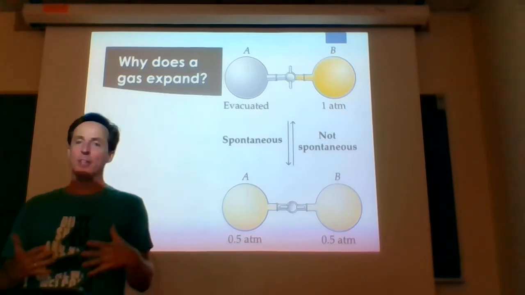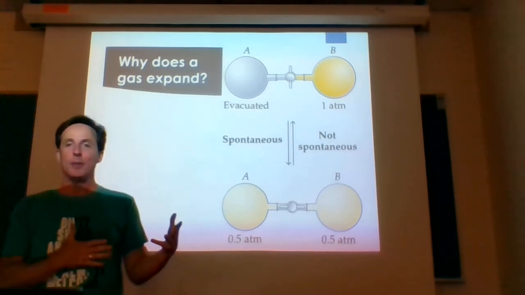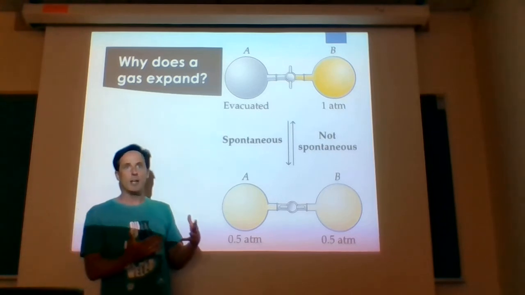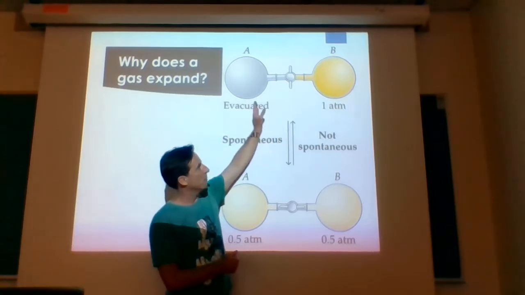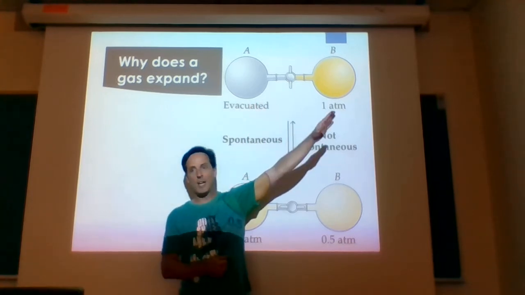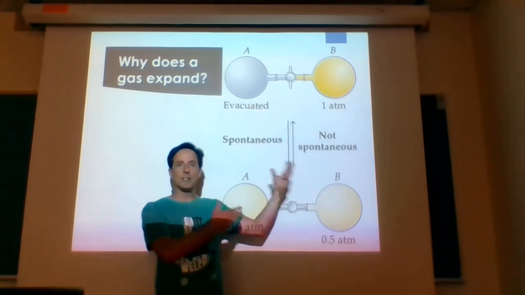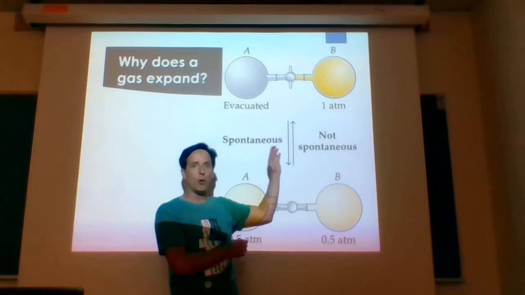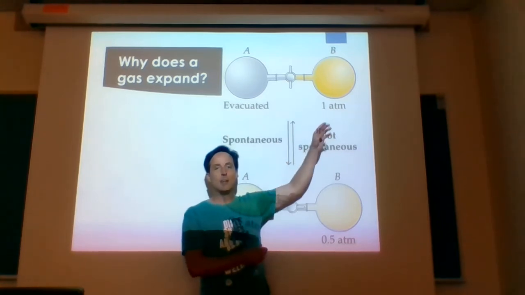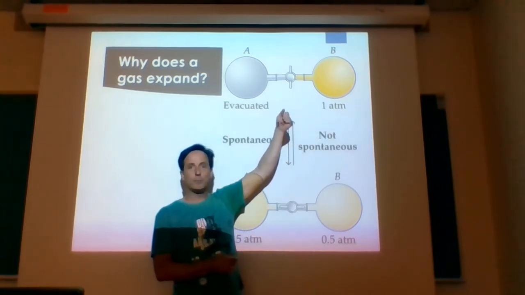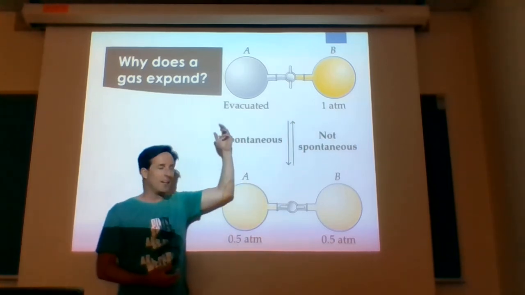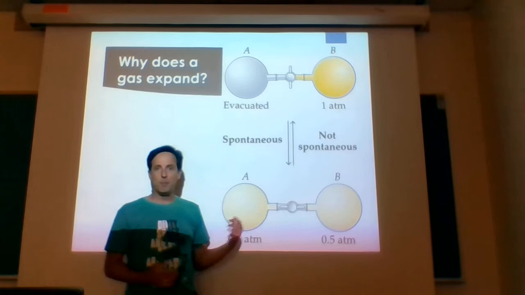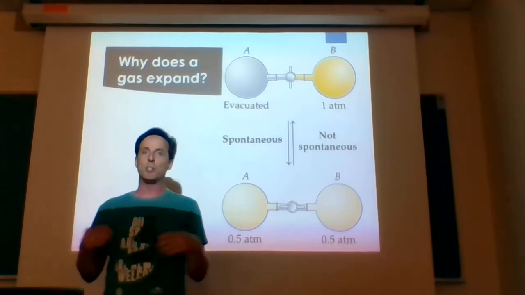Well, the simple answer is, when we think about entropy and disorder, we say that right now in the upper system, all the molecules are on one side. That is a level of organization that the molecules don't all want to be packed into one container. So as soon as you open the valve, the molecules want to spread out, get into the other container and have more space. By spreading into more space, that is more disorder.